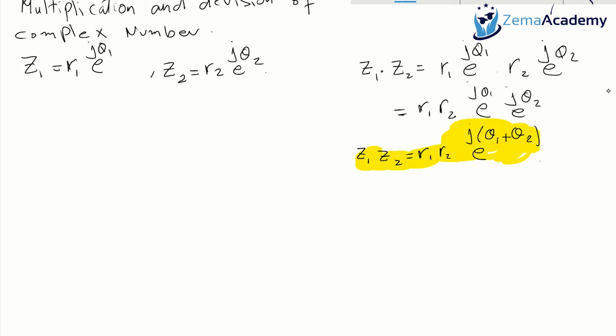Similarly, if we need to do the division, z1 over z2, where z1 is r1 e^(jθ1) and z2 is r2 e^(jθ2).